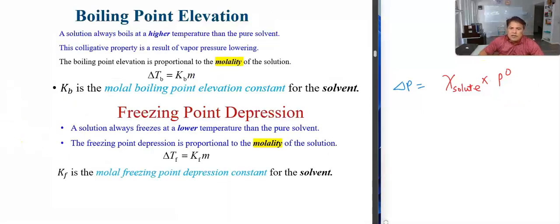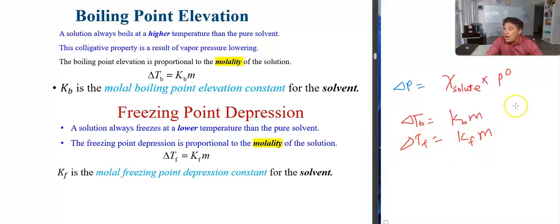And now let's see the boiling point elevation. This formula we have already discussed. Delta TB, the boiling point elevation, equals KB times m, and the freezing point depression, delta TF, equals KF times m. But remember, if this is an ionic compound, then we use the van't Hoff factor also.